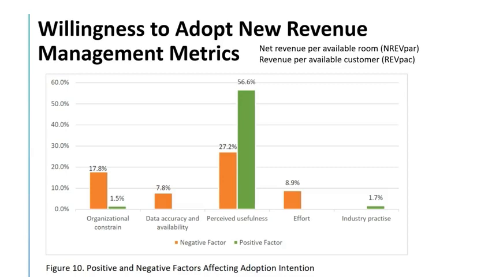Perceived usefulness is the most significant factor. These new metrics are regarded as valuable to drive channel optimization and total revenue management, increase efficiency and return on marketing efforts, and improve planning and budgeting. Essentially, these advantages enable the hoteliers to develop effective strategies.